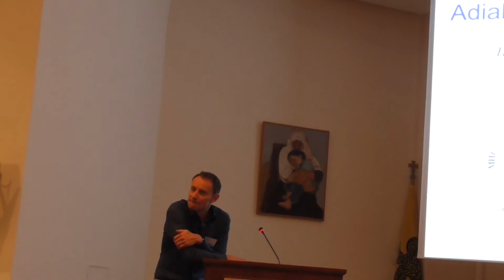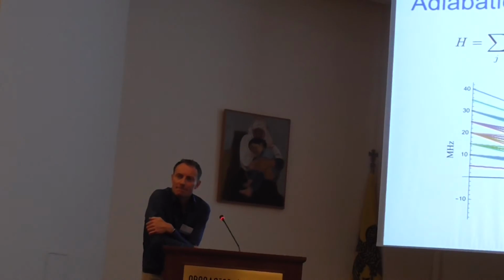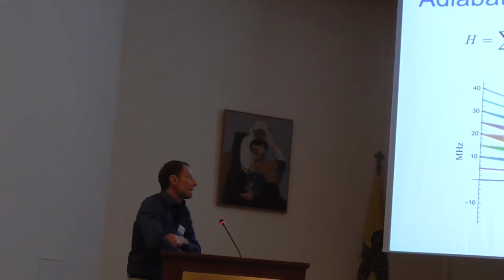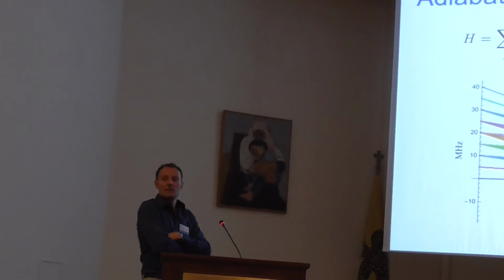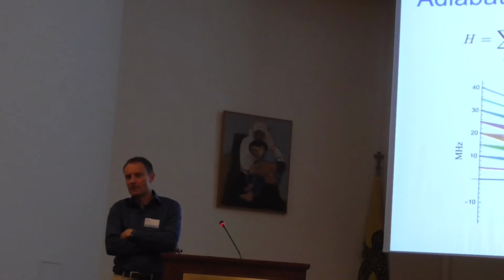When you fold that into the Brillouin zone, the gap between the ground state and the first excited state becomes exponentially small due to the big amount of levels you have. How do you do this adiabatic following of the ground state if you have an exponentially small gap? Is that possible with your implementation?